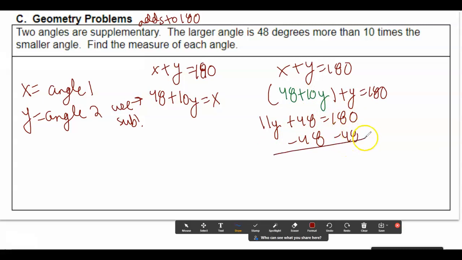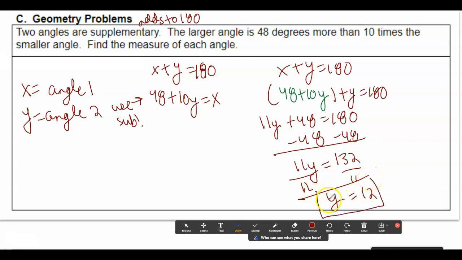And then now I'm just doing what I need to do to solve for Y. So my first angle is 12 degrees.